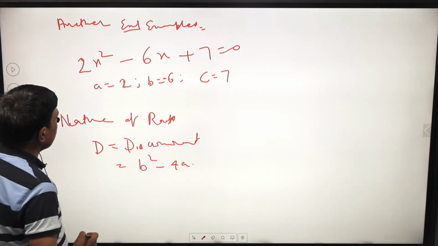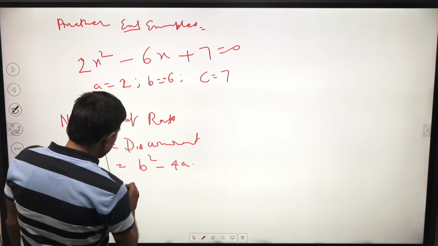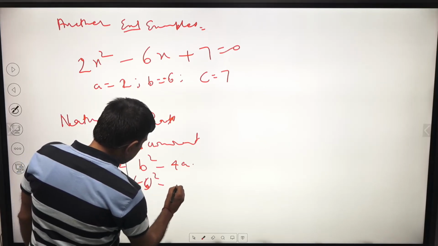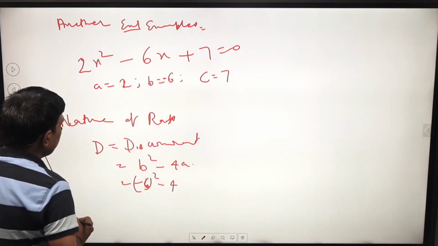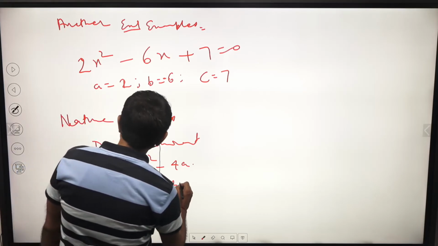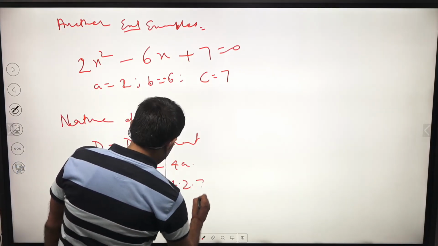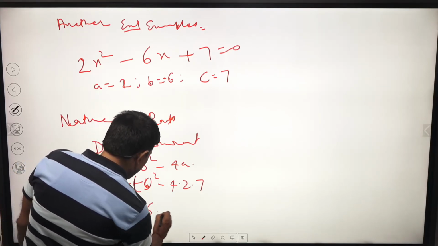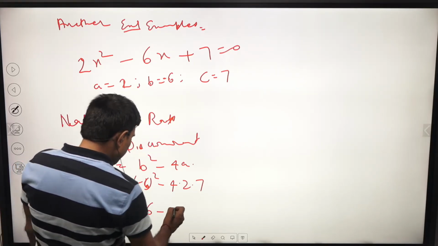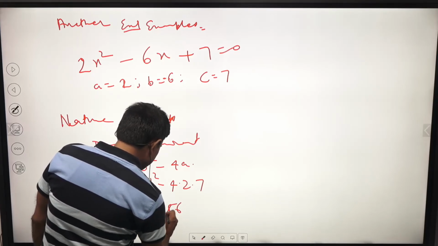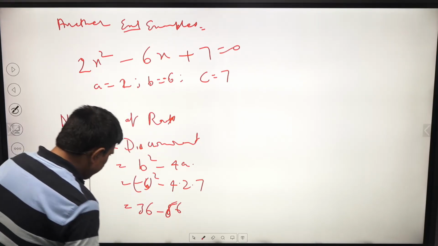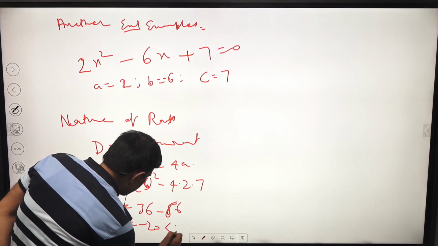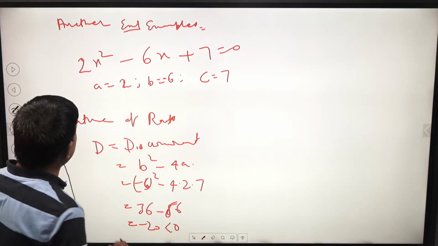That means here b is minus 6, so minus 6 whole square minus 4ac. 4 a means 2 and c means 7. That means 36 minus 56. That is minus 20, less than 0. Same character, same type of equation.